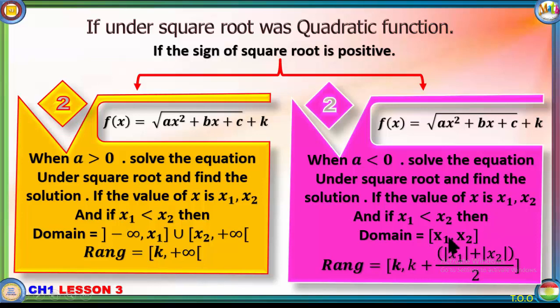That means we take the absolute values of the two values of x, add them to each other, then divide by 2 and add the value of k. Then it begins from k to k plus this value.